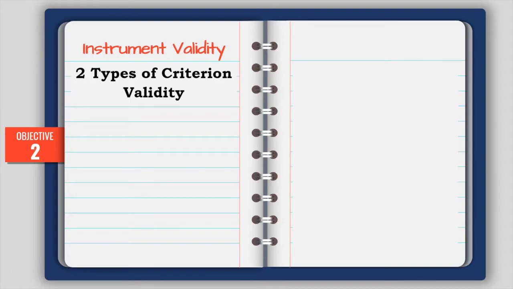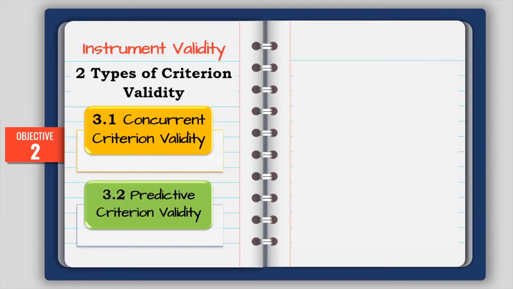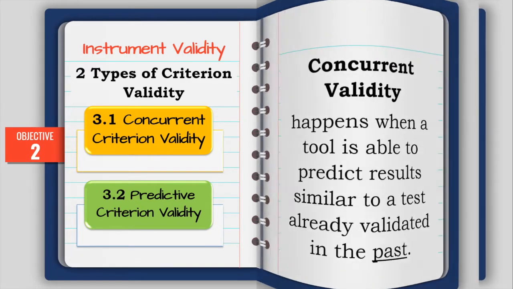There are two types of criterion validity: the concurrent validity and the predictive validity. Concurrent validity happens when a tool is able to predict results similar to a test already validated in the past. An example of concurrent validity is whether an admission test produces similar results to those of a national achievement test.